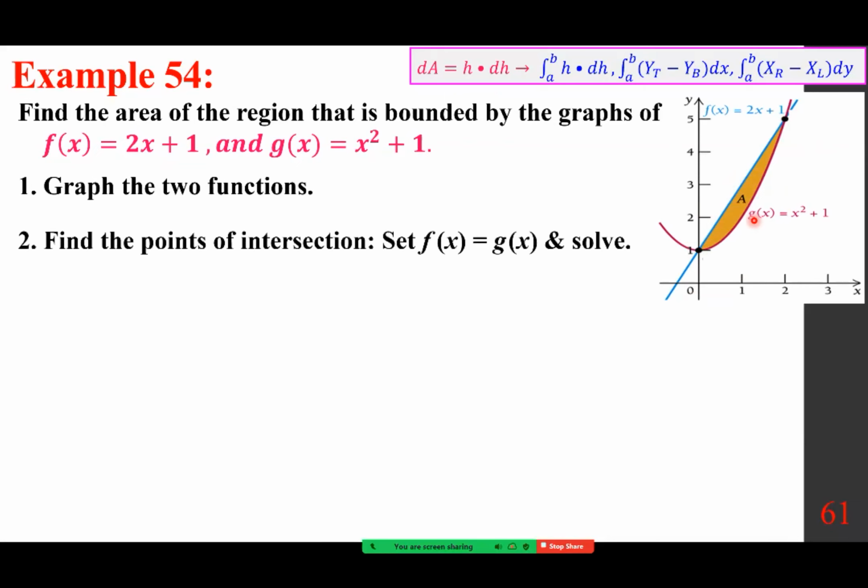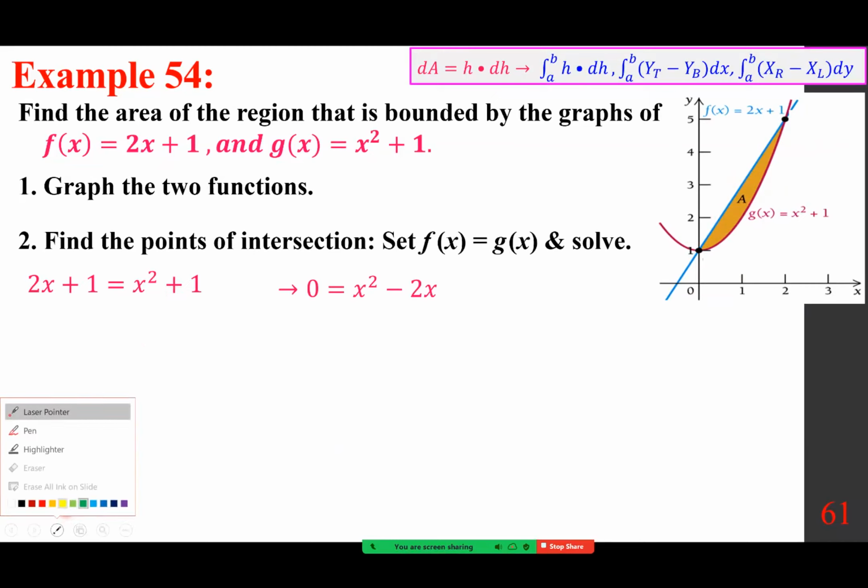So if you set them equal, and if we get rid of the 1 and we bring it to the same side, as you can see, it becomes x times x minus 2, and x is either 0 or 2.